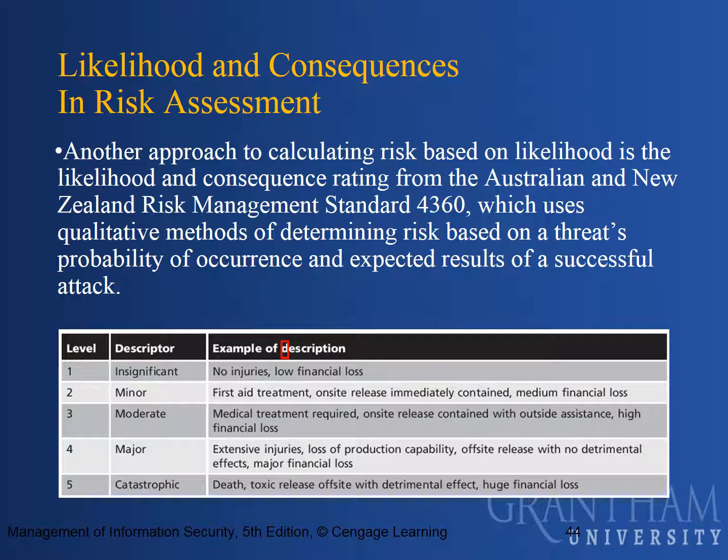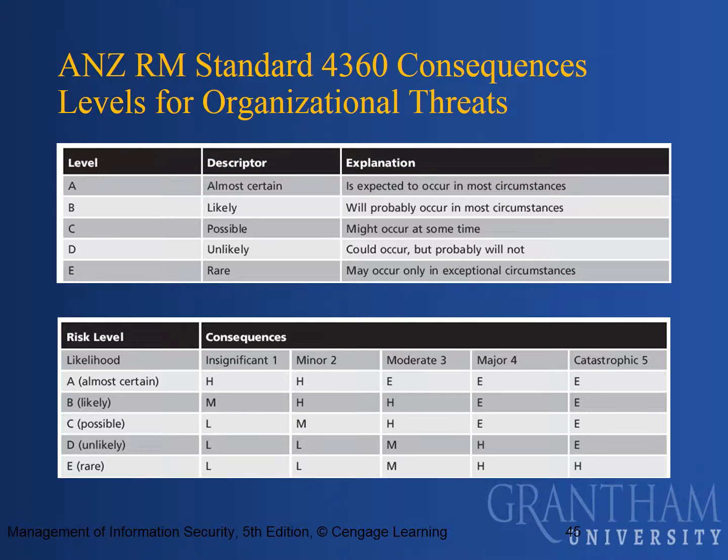Another approach to calculating risk based on likelihood is the likelihood and consequences rating from Australian and New Zealand Risk Management Standard 4360. Here you see the 4360 consequence levels for organizational threats.